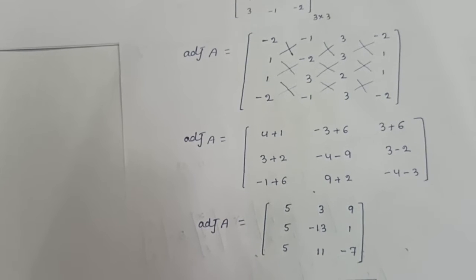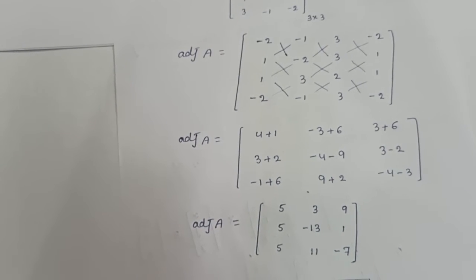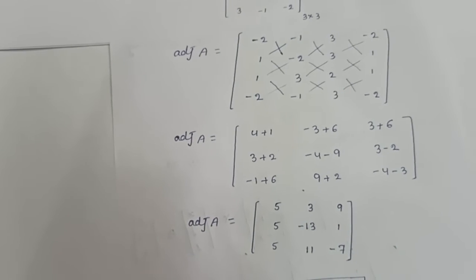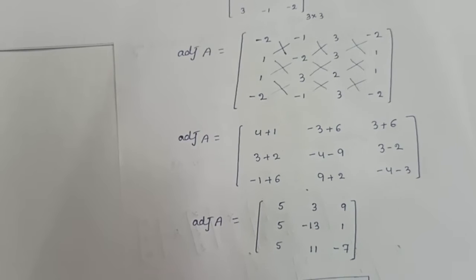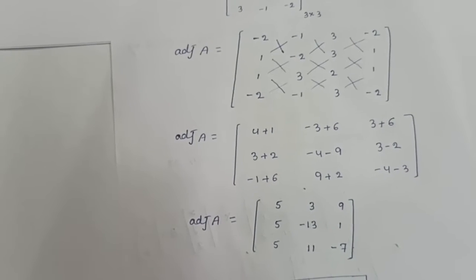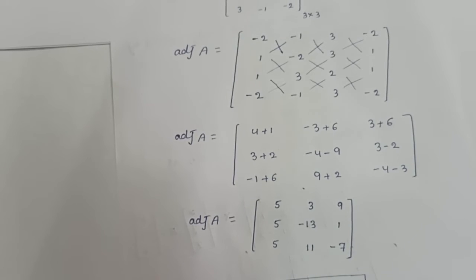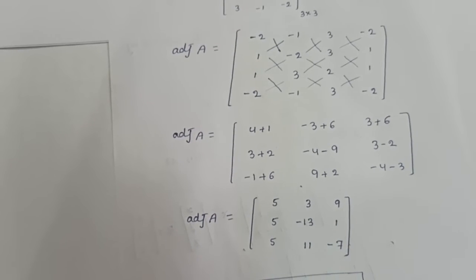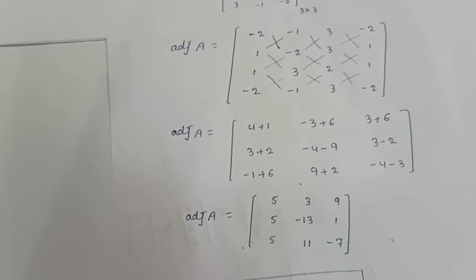Next, second row first one: 1 into 3 is 3, minus of 1 into minus 2 is plus 2. Second row middle one: minus 2 into 2 is minus 4, minus of 3 into 3 is minus 9. Second row third element: 1 into 3 is 3, minus of 1 into minus 2.